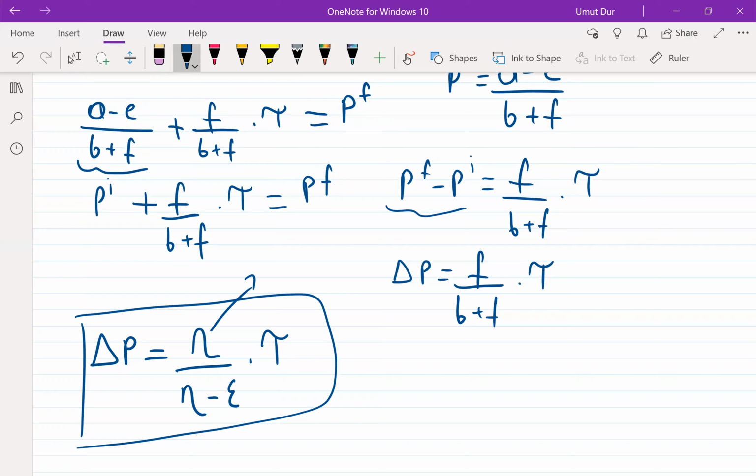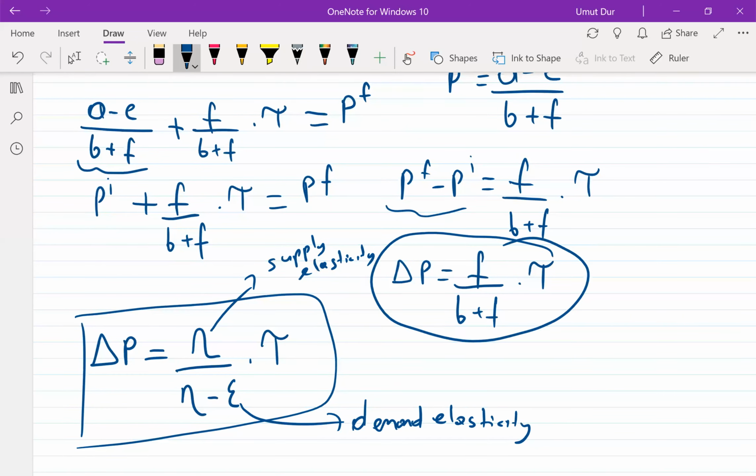So this is the supply elasticity, and this is the demand elasticity. How can I turn this one into this one?